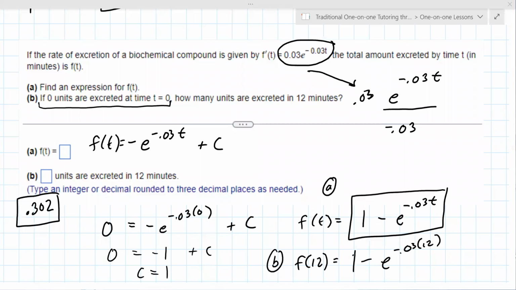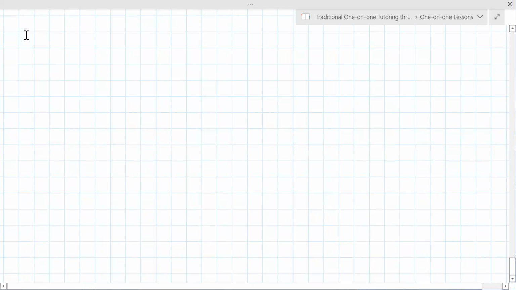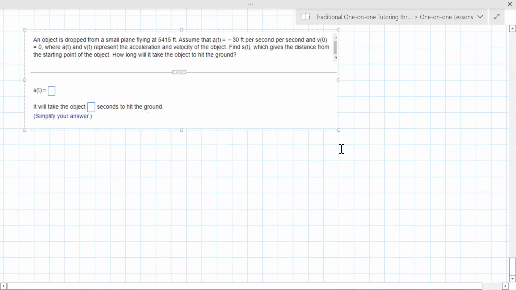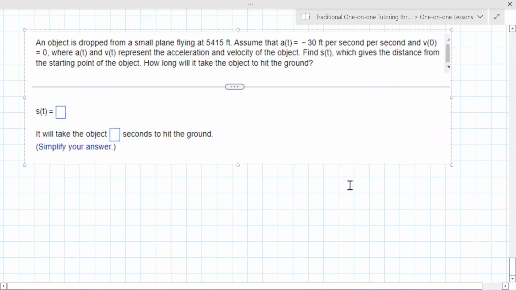Let me know when I can go on to question 10. I'm ready. Okay. So question 10 comes from physics. We've looked at this already in terms of position, velocity, acceleration, but now we're going backwards. They give you the acceleration.